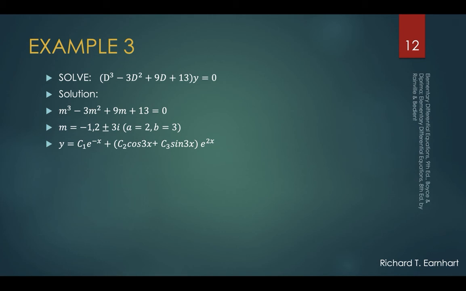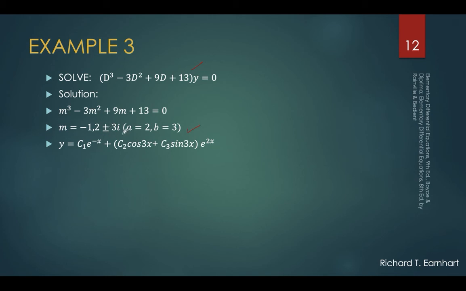Okay, so let's try solving example number 3. This is already in operators. Your auxiliary equation is m cubed minus 3m squared plus 9m plus 13. Solving for the roots will give you 1 real root and 2 complex roots.